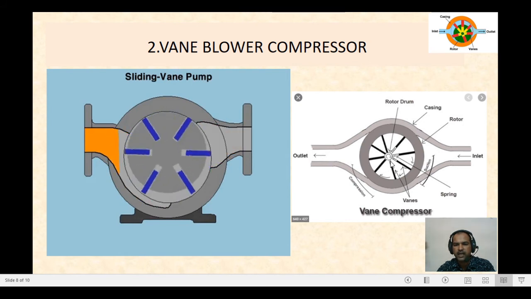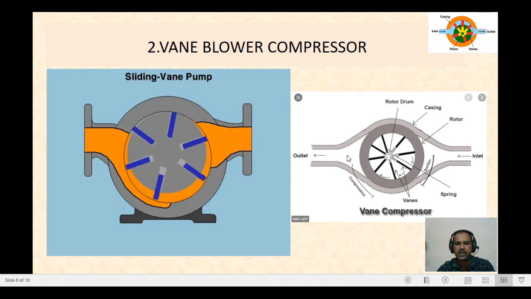These plates are placed into slots, and the slots are connected to the rotary drum. This is an inlet valve where the air will be sucked in, and this is a discharge where the high pressure air will get out.